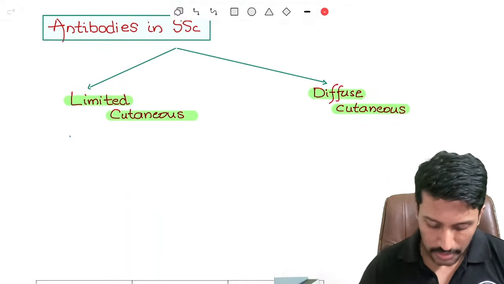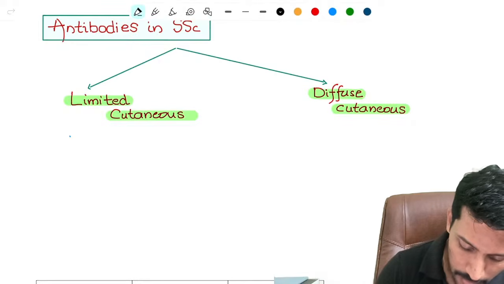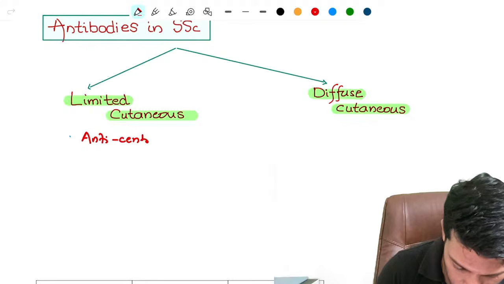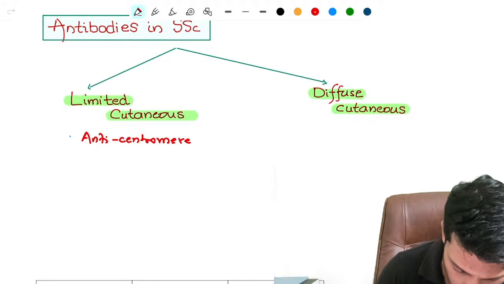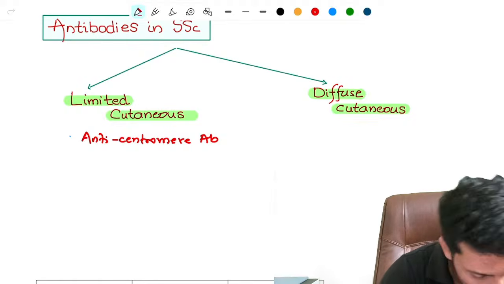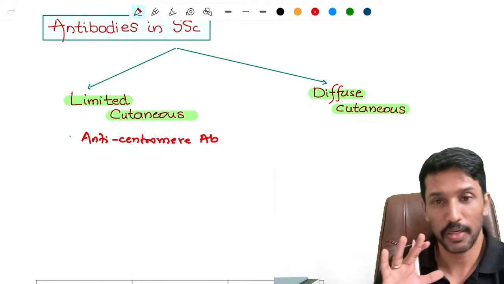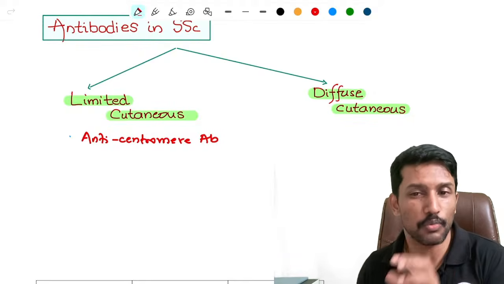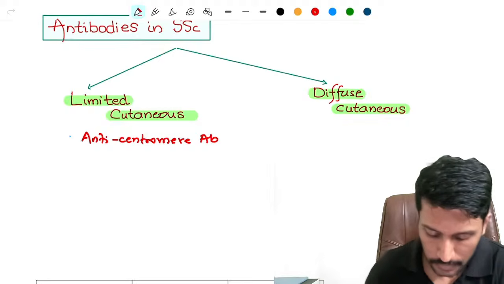Antibodies. So in patients with limited cutaneous, we typically get anti-centromere antibodies. Yes, limited proximal, diffuse distal with respect to skin involvement. Limited is more of blood vessel disease, diffuse is more about organ fibrosis disease.